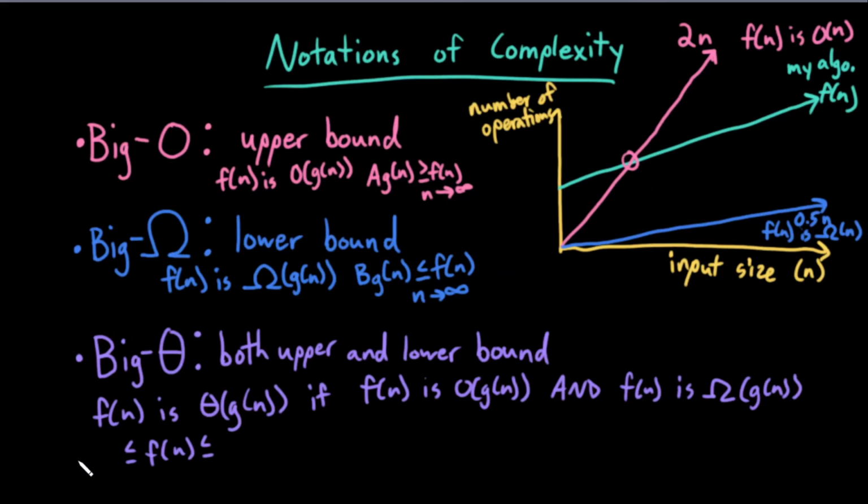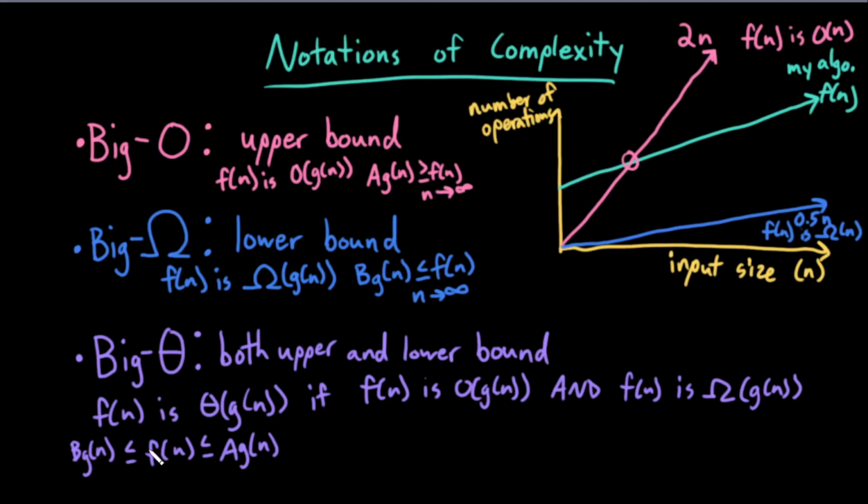It's greater than or equal to, I'll use the same notation, here I use b, b times g of n. Let me fix that up a little bit. And it's less than or equal to some other constant times the exact same function.